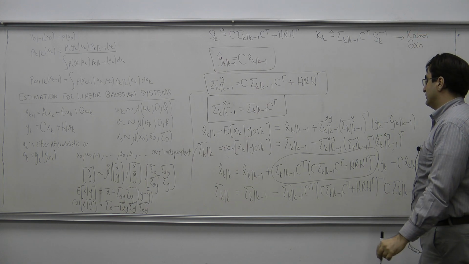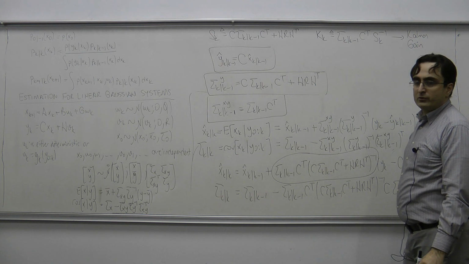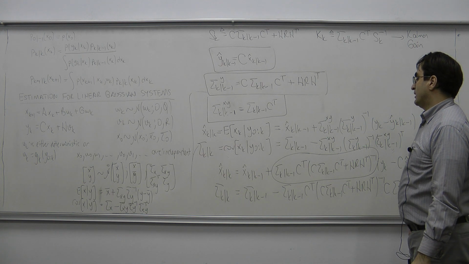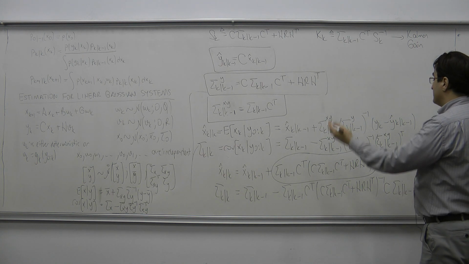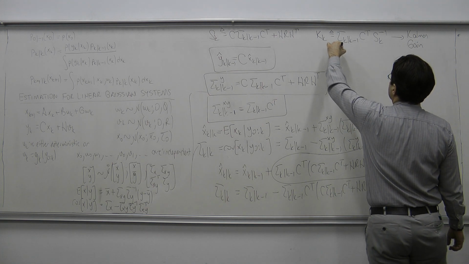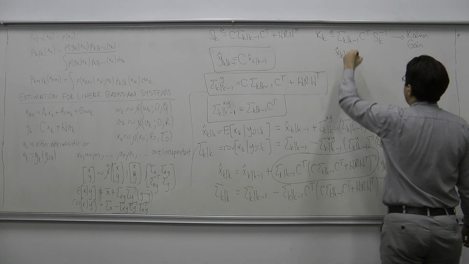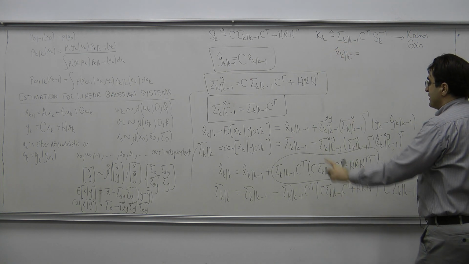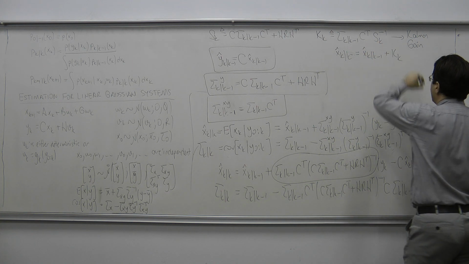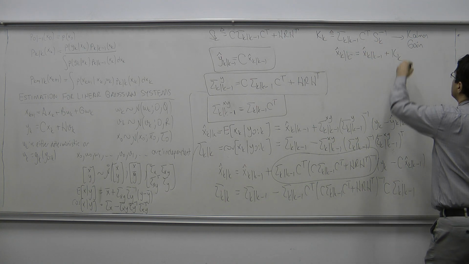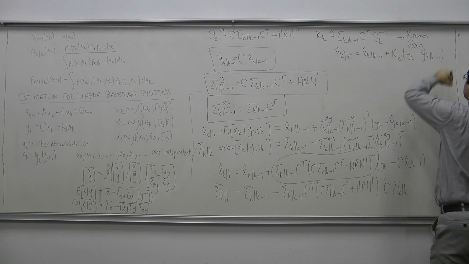Gain in the literature. And it is the gain of the measurements when they enter into the state update equation. So now let me try to write the state update equation using these definitions. x at k given k is nothing but x at k given k minus 1 plus the Kalman gain times y k minus y hat k given k minus 1.